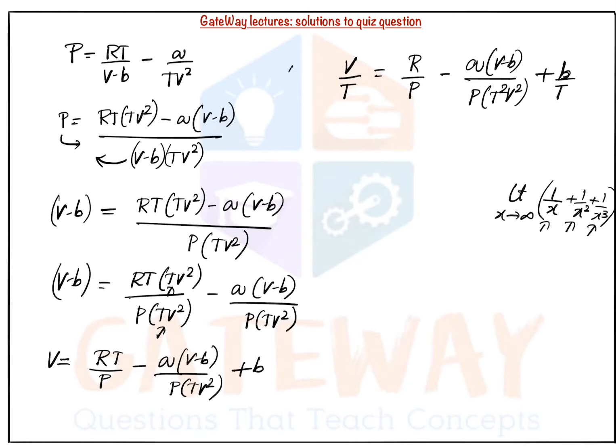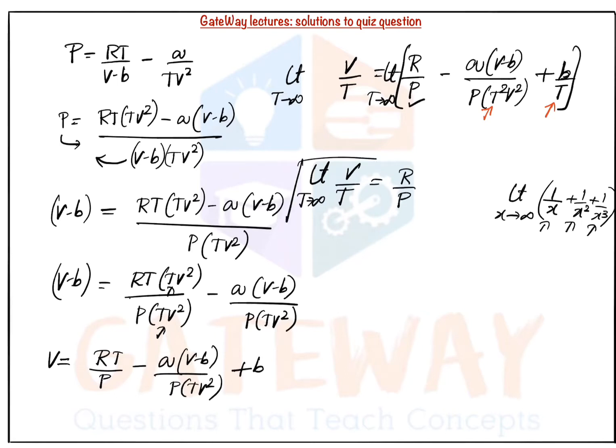So when we apply limit t tends to infinity on both sides, this term will be getting close to 0, this term will be getting close to 0, but in this term there is no t term, so it will remain the same. Therefore limit t tends to infinity, V by T is equal to R by P, and this is our answer.